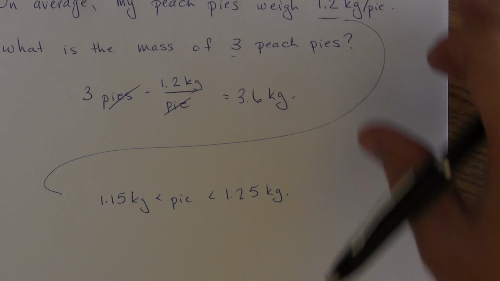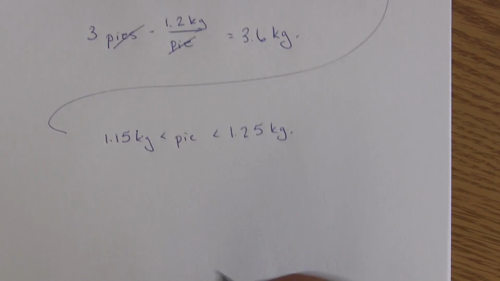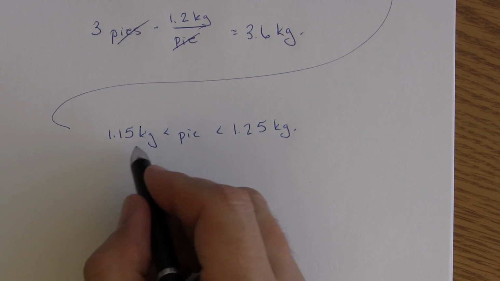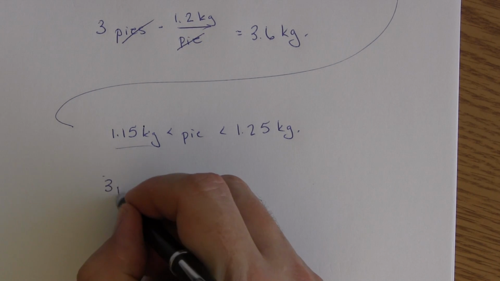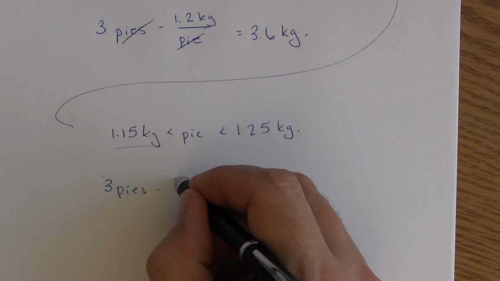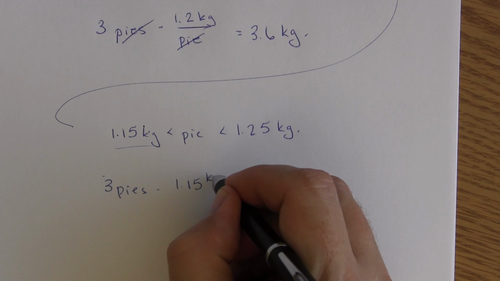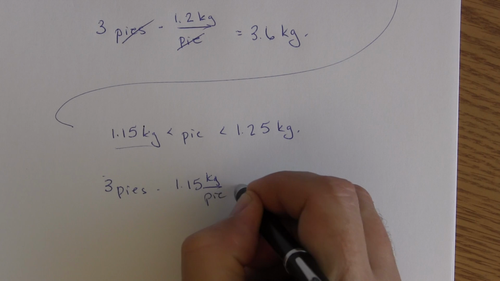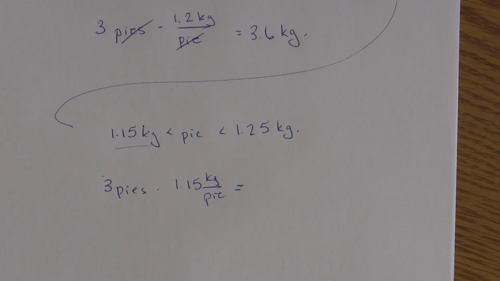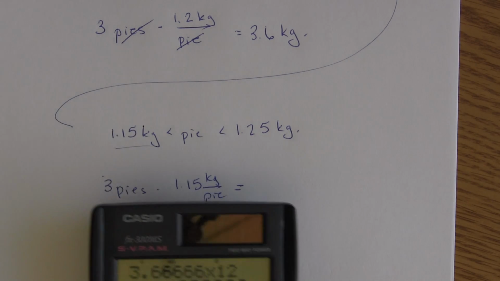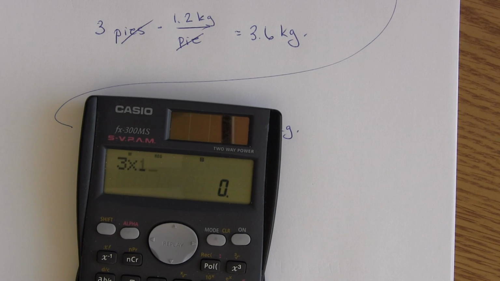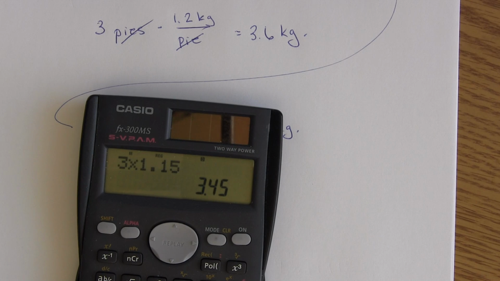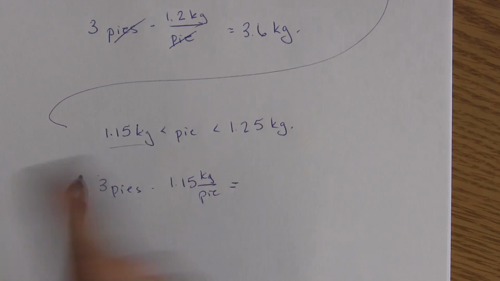Well, if that's what I know, let's look at what I actually know about the mass. If my pies really weigh 1.15 kilograms per pie, 3 pies times 1.15 kilograms per pie. Well, when I multiply that out, it's clear, 3 times 1.15, 3.45 total kilograms.